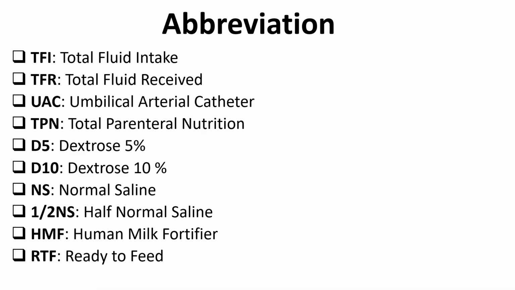TFR is, let's say today is October 10. In the morning, I did rounds with you, and we decided that we will give the baby 165 ml per kg per day, which includes everything that goes to the baby: fluid, food, medications.